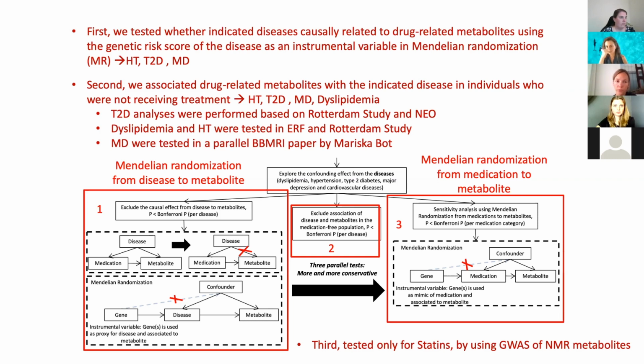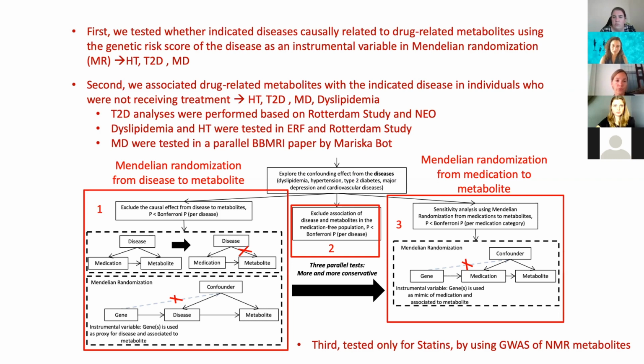Because why? From various reasons. Most of the time that was because cohorts X and Y didn't have the manpower to perform this analysis. So we did the analysis only in the Radboudumc study and NEO, for example.